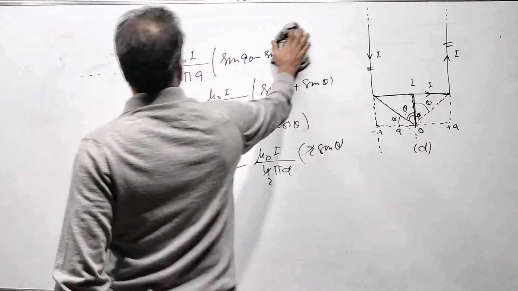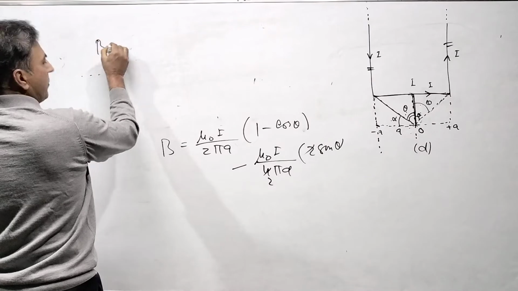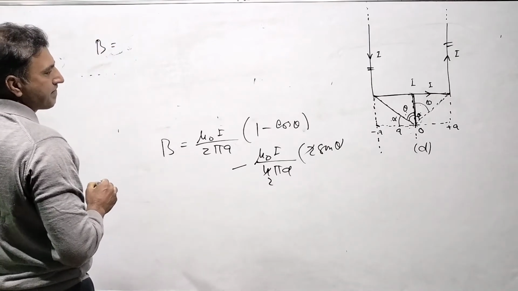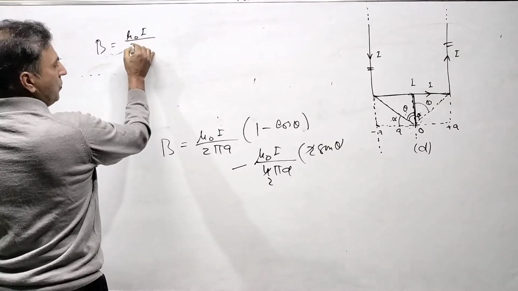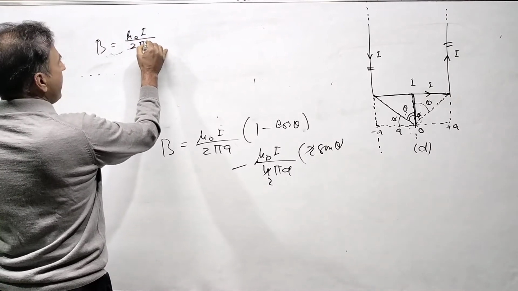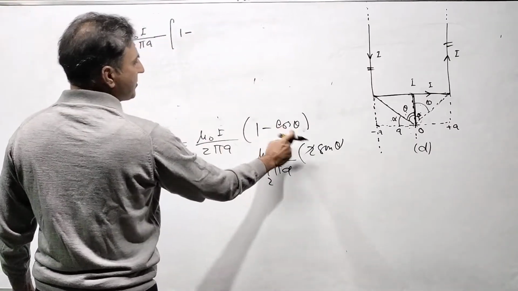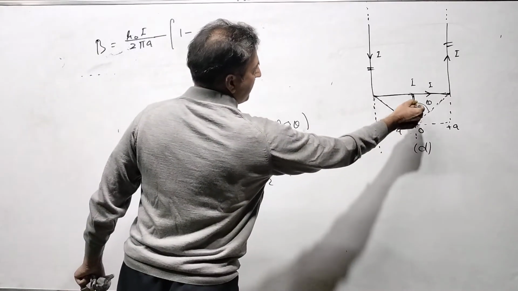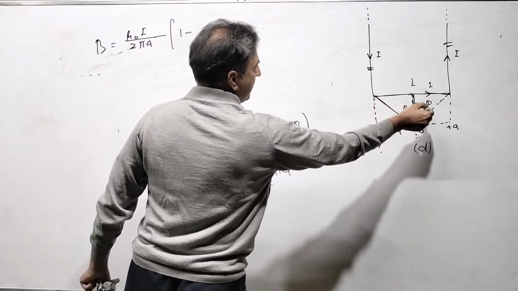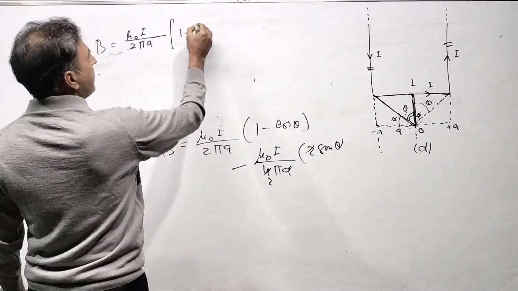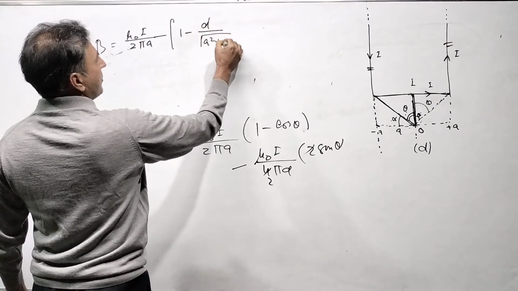B equal to mu 0 I by 2 pi A, 1 minus cos theta. What is cos theta? Cos theta is base by hypotenuse of this triangle, that is D divided by root of A square plus D square.